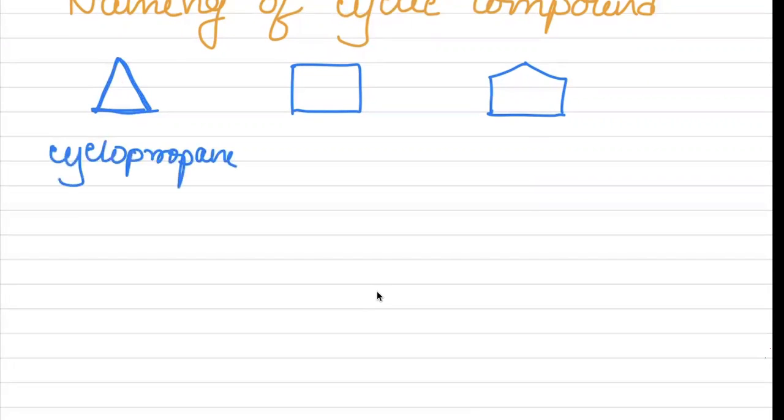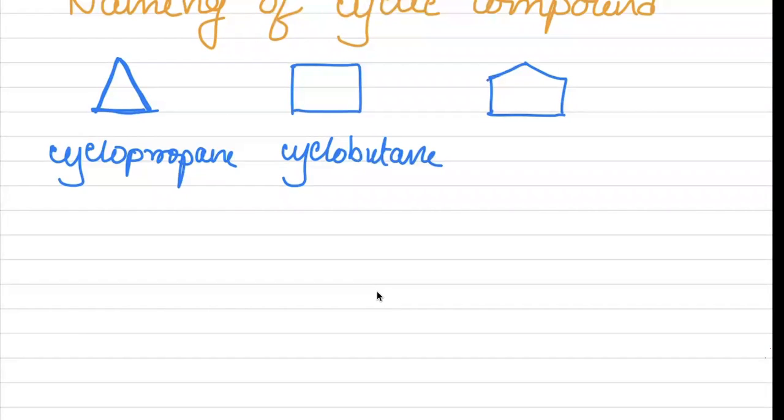Now our next compound, see, it is a square, 4 bonds are there. So what will be the name? Cyclobutane. Okay.